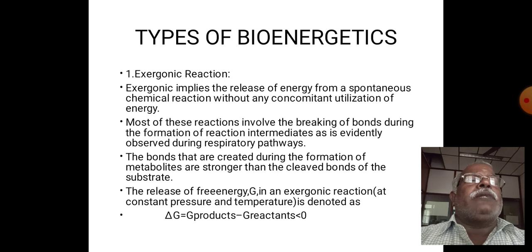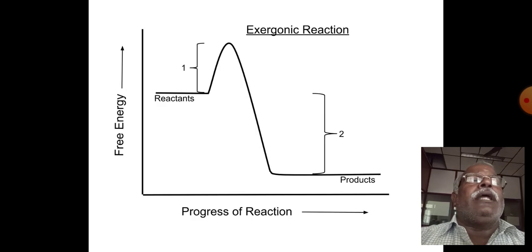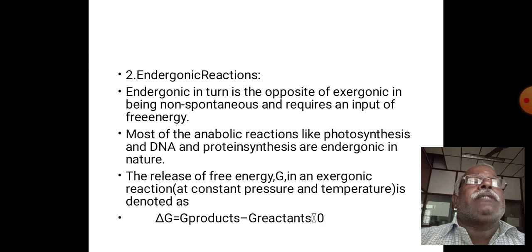Most of these reactions involve breaking bonds, as in the respiration pathways. The release of free energy, called G, is an exergonic reaction. In the progress of the reaction, from reactants to products, the exergonic reaction releases energy. The second one is the endergonic reaction, which is the opposite of the exergonic reaction. There is an input of free energy.